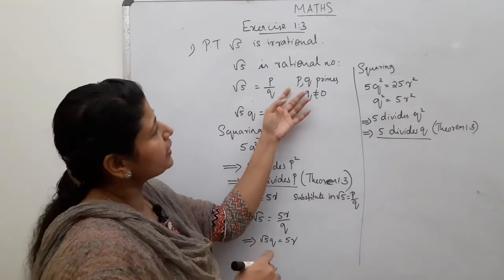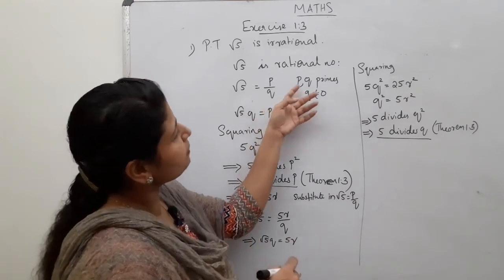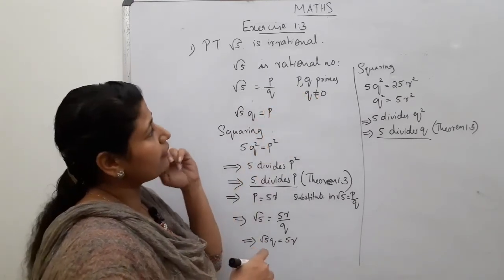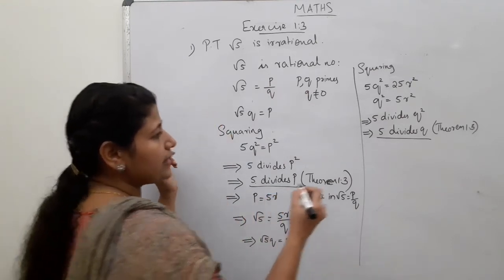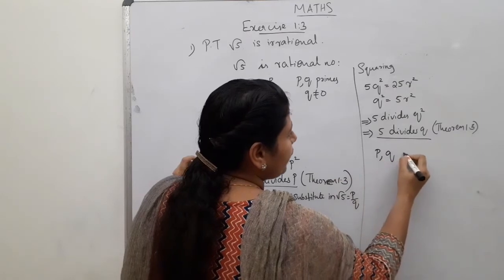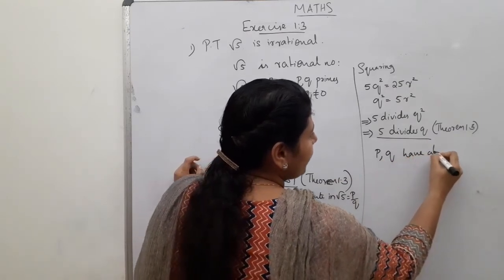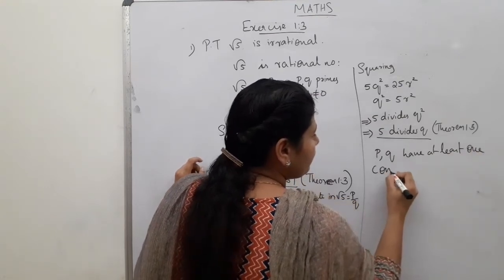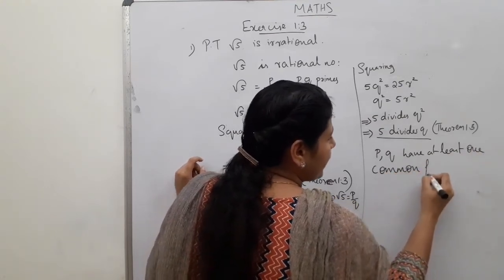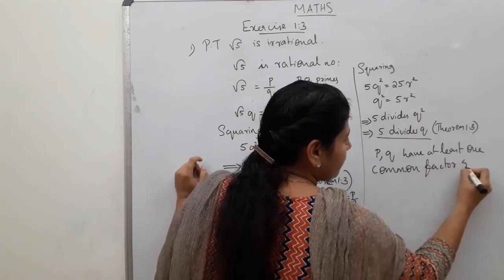We have already discussed that we have taken P and Q as primes, which cannot have any common factors. But we got that P and Q have at least one common factor, 5.